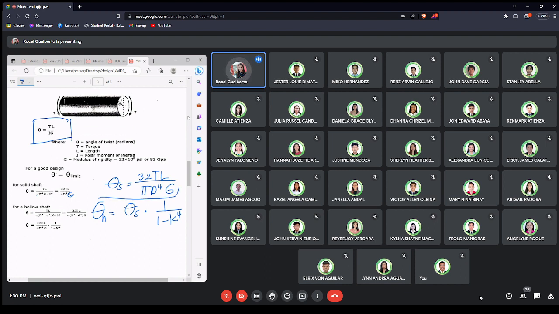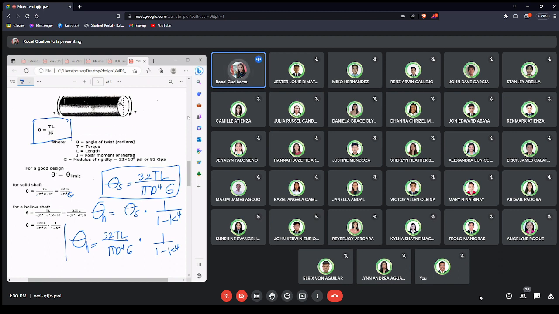Okay? So, ano ibig sabihin ng ating equation kapag siya ay hollow? It would be equal to 32 TL over pi D to the fourth G times 1 over 1 minus K to the fourth. Okay? So, mas madali po siyang tandaan ngayon kasi same equation lang siya. Okay? You need to multiply it lang po by this factor kung siya ay hollow.